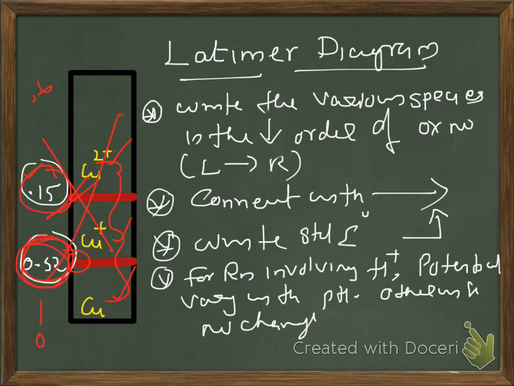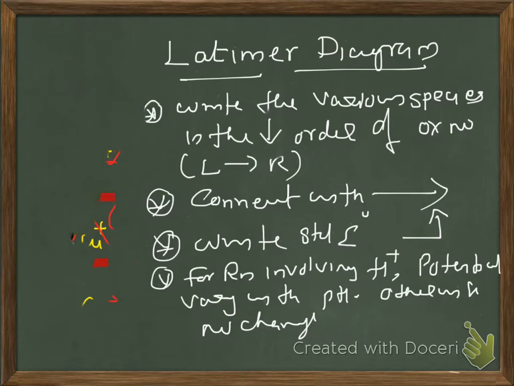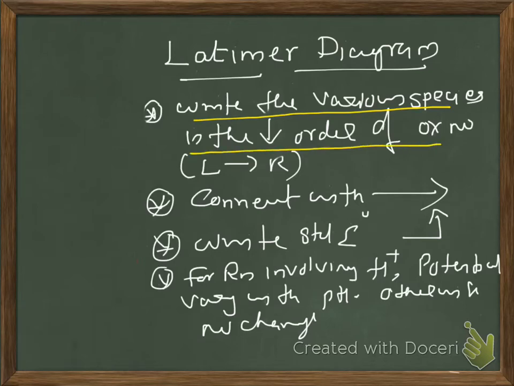Under such conditions, it is better to use the Latimer diagram. So we have to see what a Latimer diagram is and what applications these diagrams have. In a Latimer diagram, as we declared in the first slide, write the various species of the element in the decreasing order of their oxidation number.